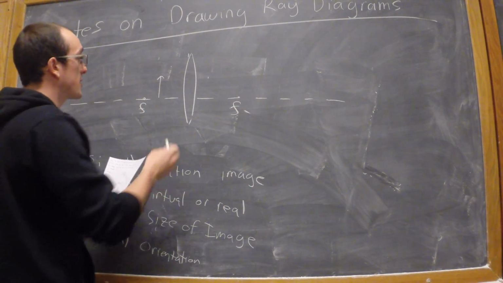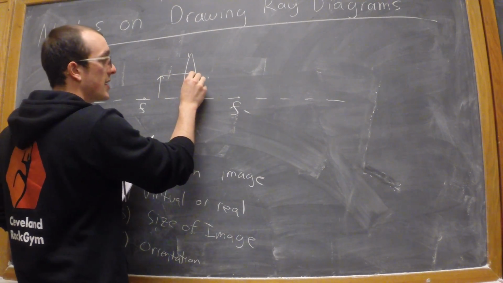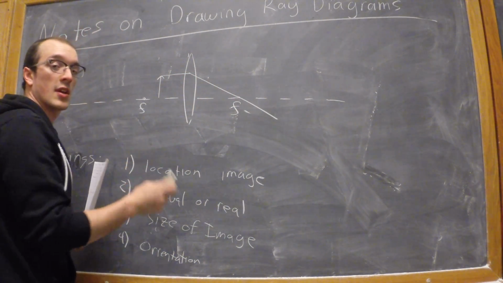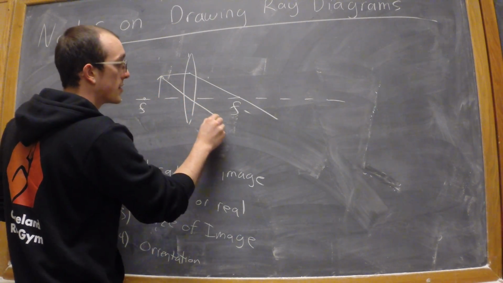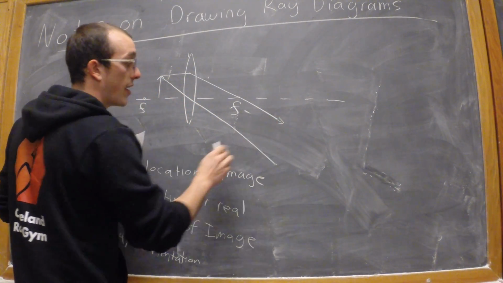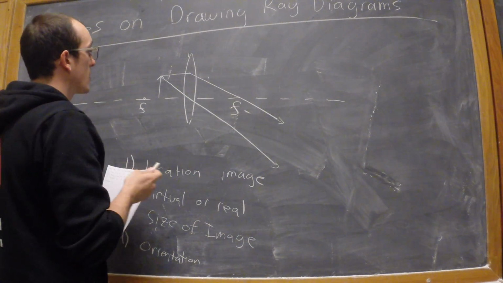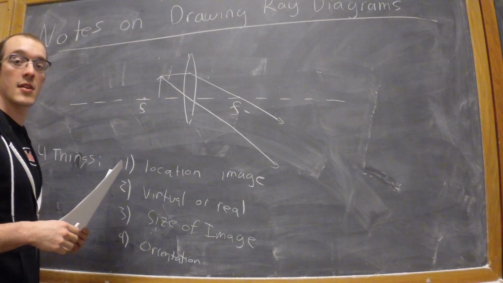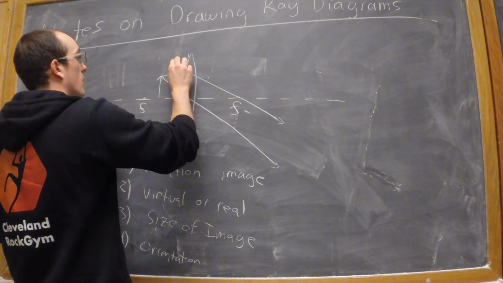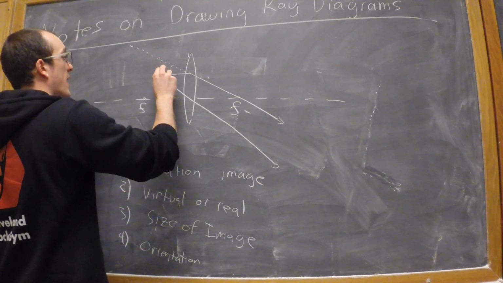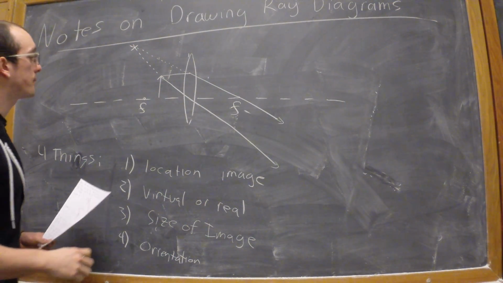And then we do the same process. We draw a parallel line straight to the center and then bend it down towards the focal point. And our second line, we draw straight through the center of the lens. So we can see that on the right side, these arrows are never going to touch. So if we want to find the point where they cross, we need to trace these backwards to see where they would cross.